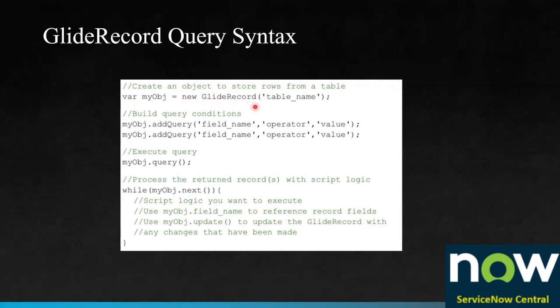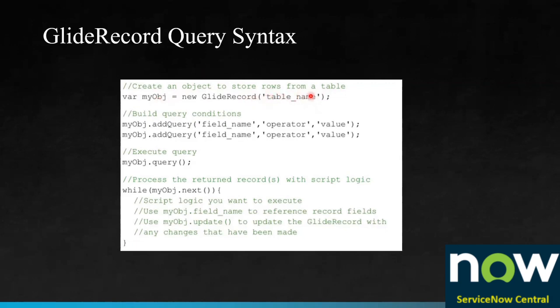This is constant. You have to make sure that this format is there. In order to declare an object for GlideRecord, you have to write it like this: equal to new GlideRecord. Then in the brackets you put the table for which you need this particular data, for which table you are declaring this object.